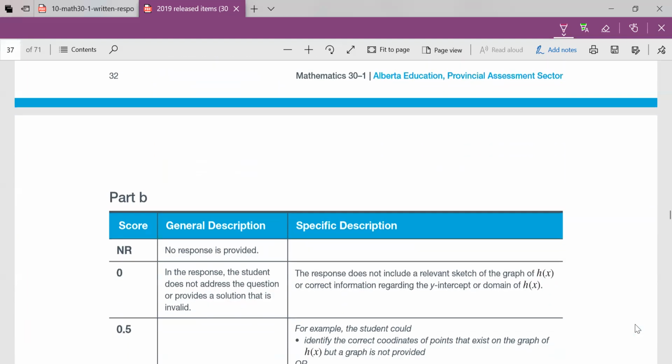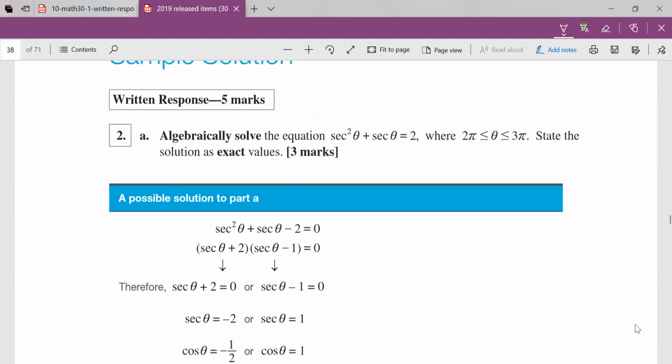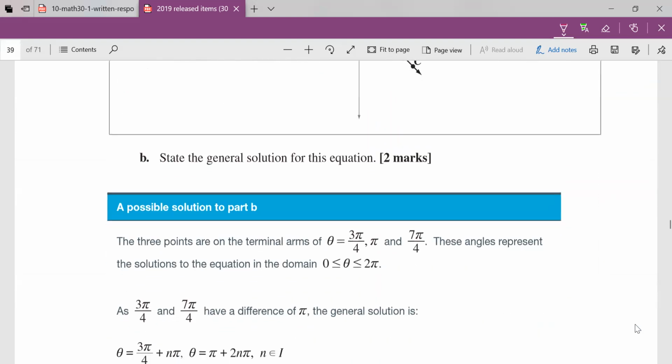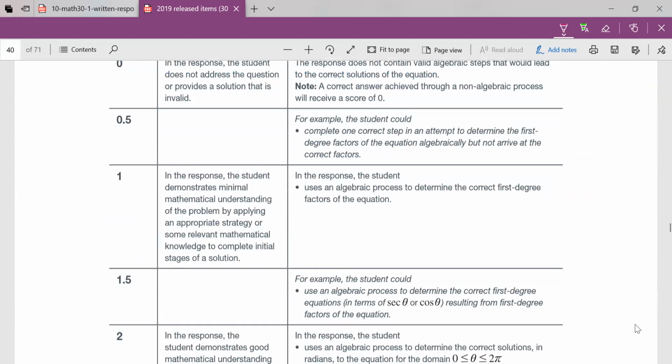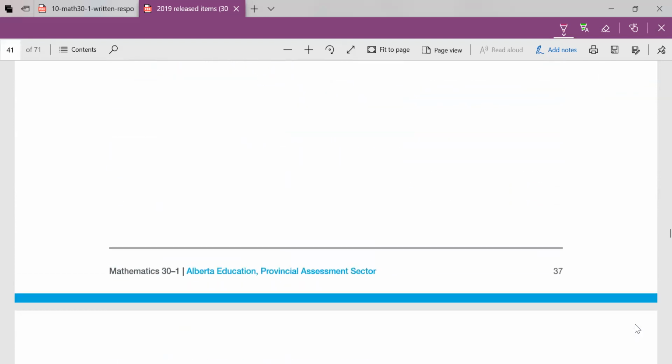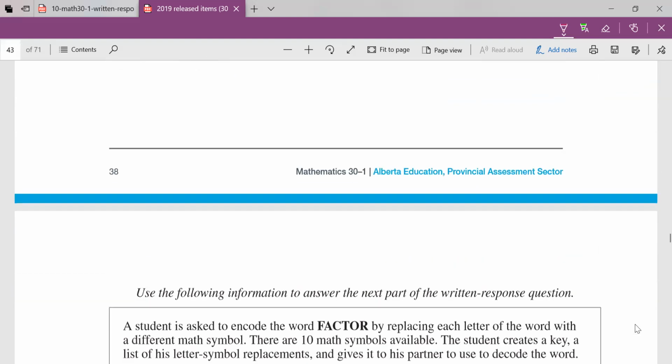And even better, friends, is you scroll through, there will be sample student responses. Okay, so please go through these responses, see what's acceptable, see what's not acceptable, and judge for yourself how you were doing. Okay, so the solutions are all here for you.